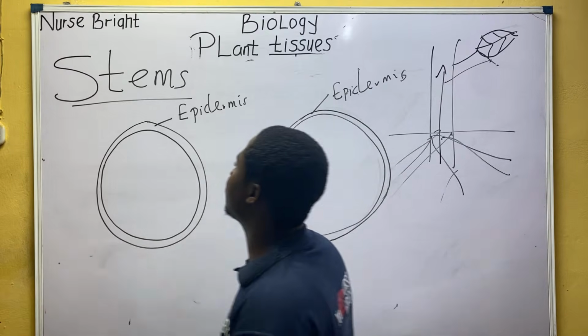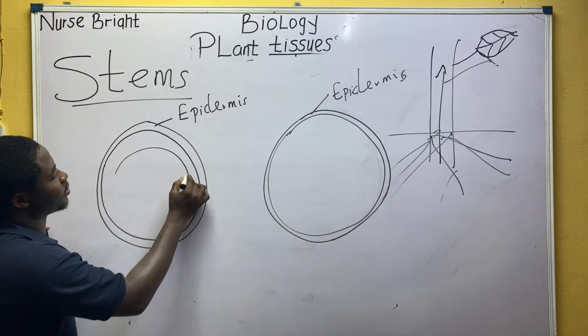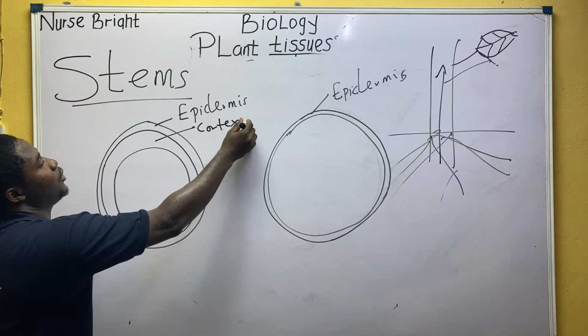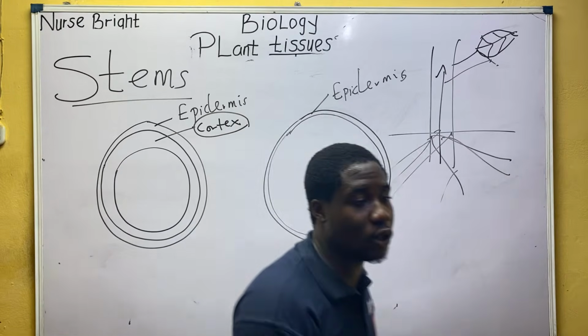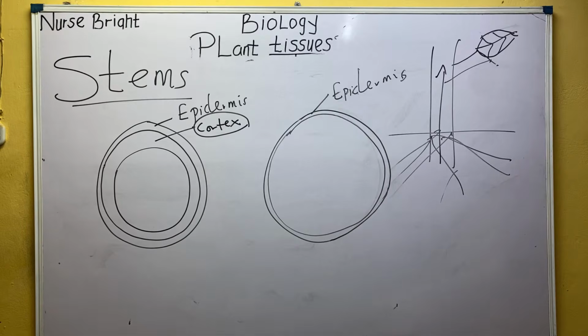After the epidermis is the cortex region. Let's just say this is the cortex region. And the cortex region contains the following: it contains the parenchyma and the collenchyma tissues. That is for that.